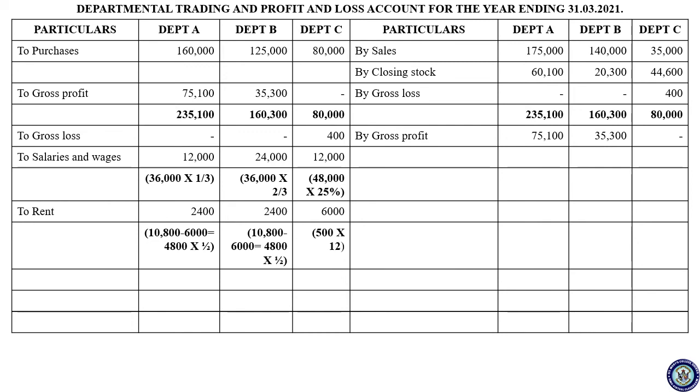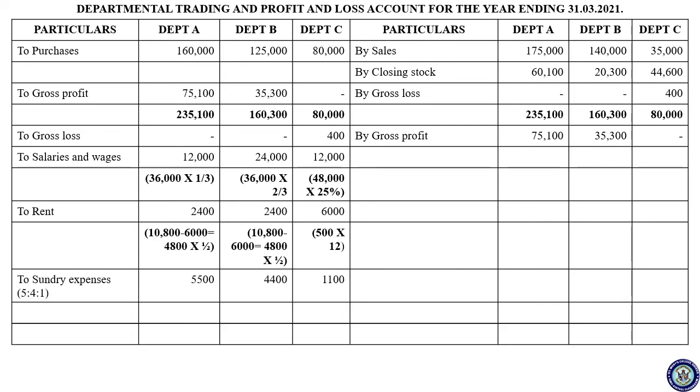Next, that is the last item, sundry expenses, which should be apportioned in the ratio of sales. That is point number 5. My total sundry expenses is 11,000, to be allocated in the ratio of turnover, that is sales.